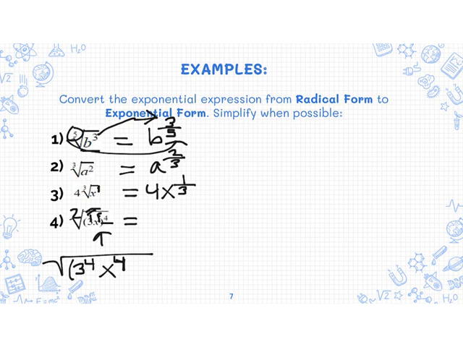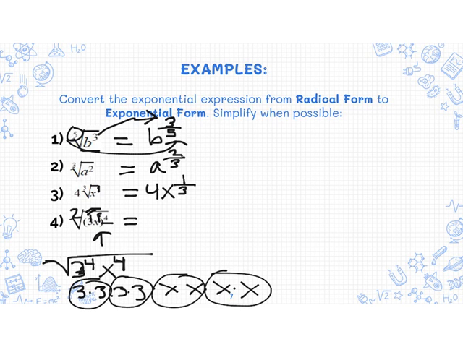So 3 to the 4th power and x to the 4th power. We need groups of 2. If I write this out in expanded form, I have my 4 3's, then I have 4 x's. My index is telling me I need to circle groups of 2.